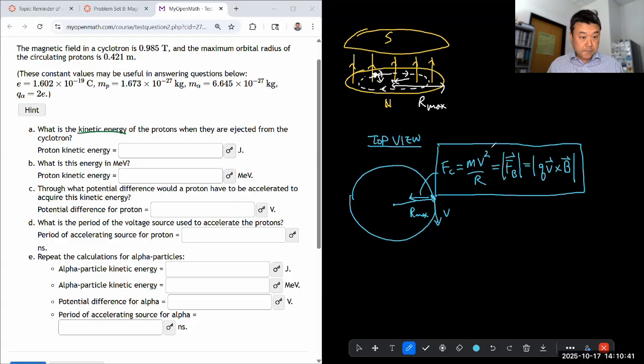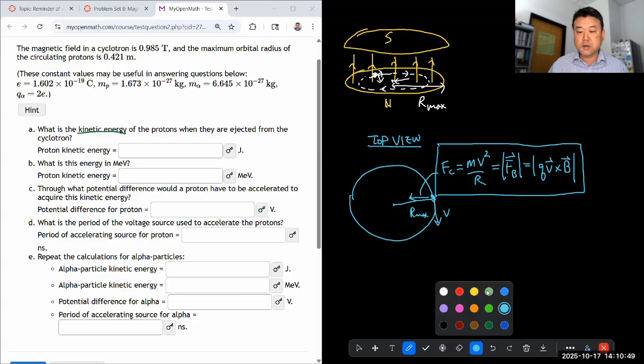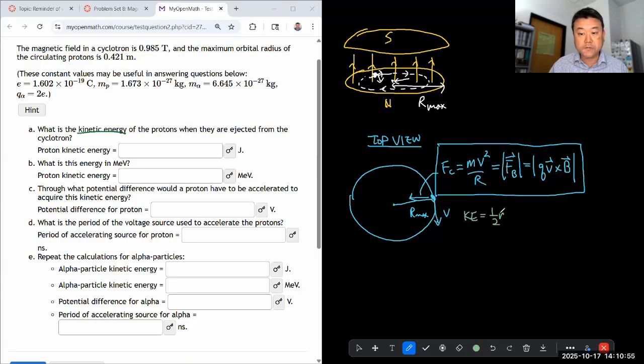So I think I have most of the things I need here. Let me try to construct an expression that looks like the kinetic energy of the particles, which will be 1/2 mv squared. I already have mv squared here, so I like that.